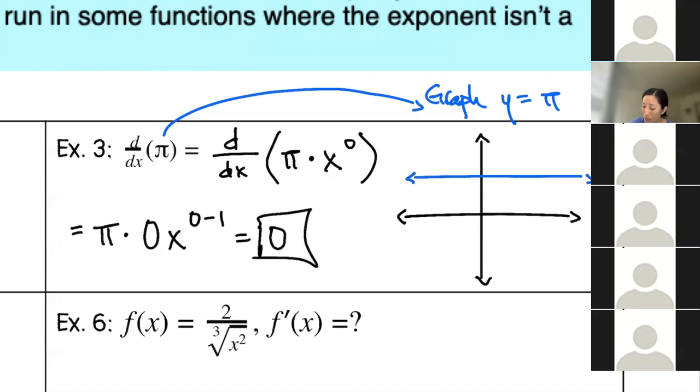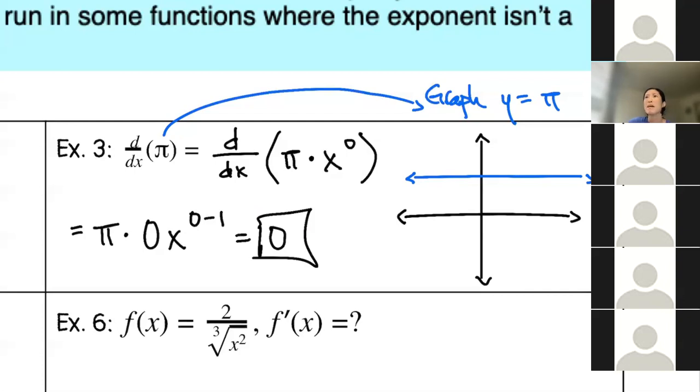That's why when we have just a number here, we end up with a derivative of 0. So to answer your question, Matt, where did it go? Will that be true of all functions where x is to the power of 0? If it's a constant, like pi, then yes, you will have a horizontal line, which means a slope of 0.